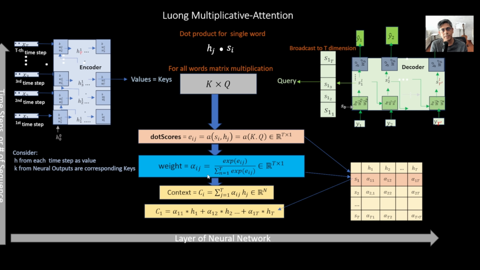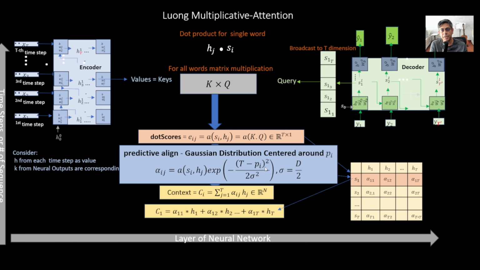We also discussed the predictive alignment, right? In the previous slide we discussed that the position can be monotonic or it can be predictive. So when it is monotonic, this weighting or scoring mechanism will work. But when it is predictive, we want to ensure that this predicted position is in the middle of the window, which means the middle of the window gets the maximum score.